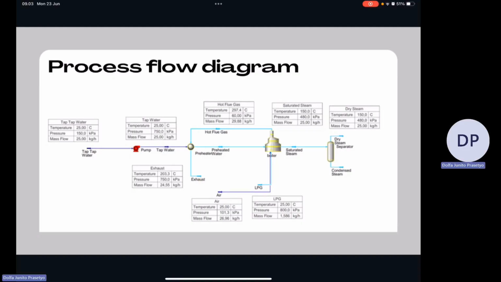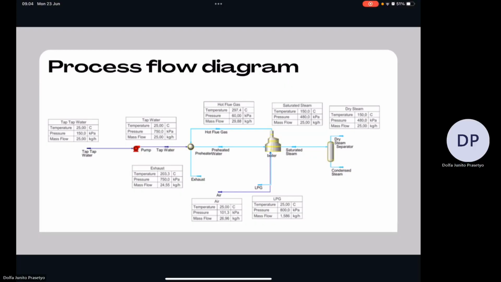In our system itself, we divide into two cycles. The first one is the transient, and the second one is the steady. What is the difference? The transient is the starting up condition, when the hot flue gas is still not flowing into the preheater, so there is no temperature increase of the tap water passing through the preheater.